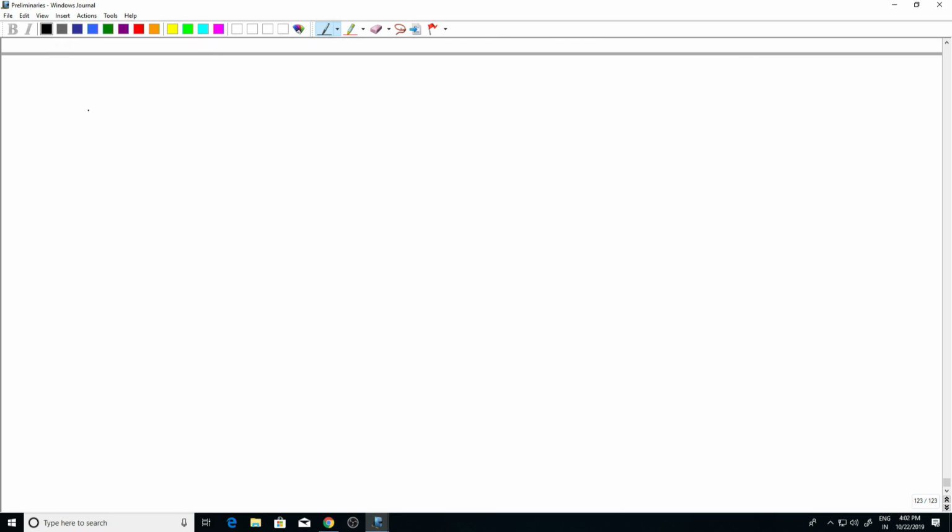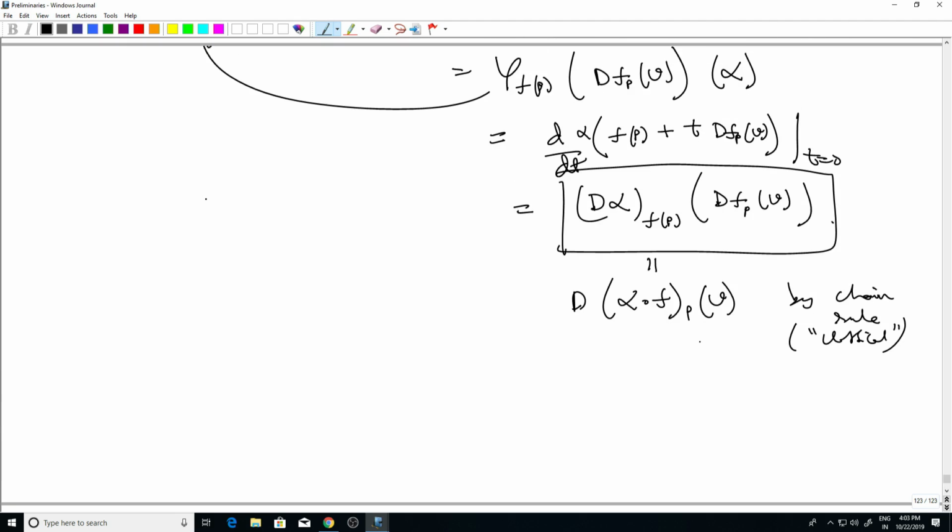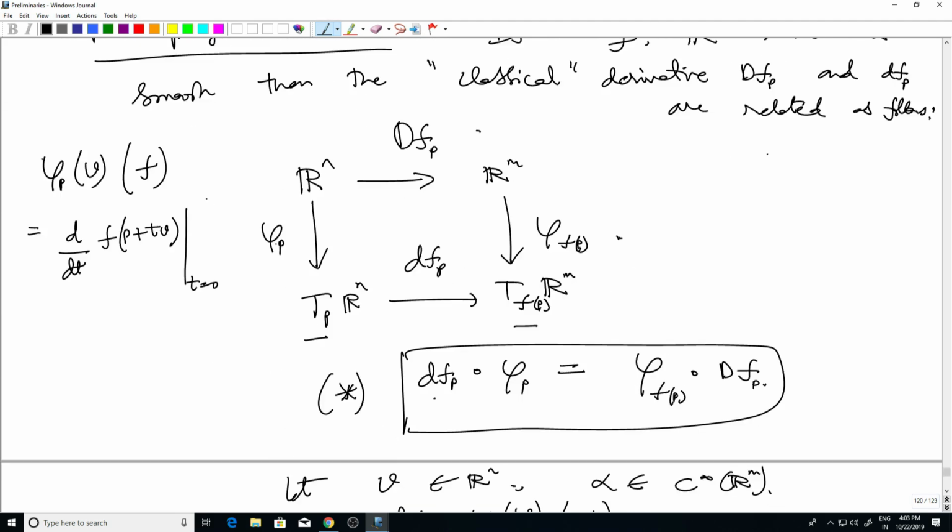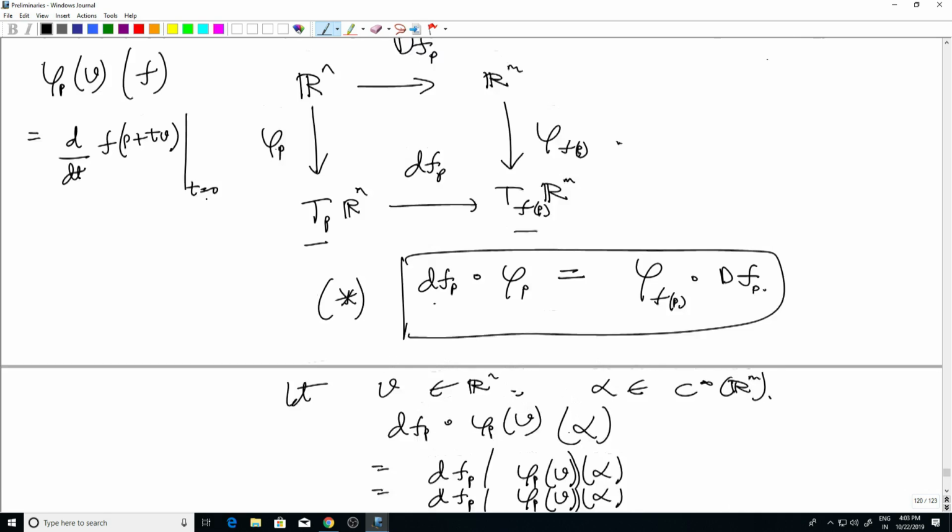So first thing is, before I move to examples, I should add one more very important thing. I said that the proof shows that something like this happens.